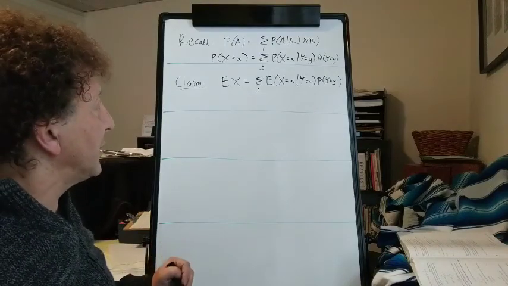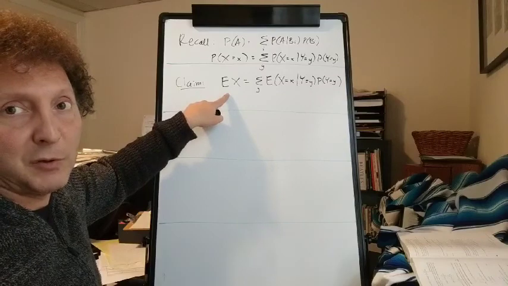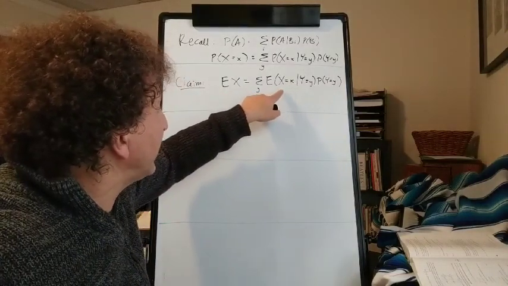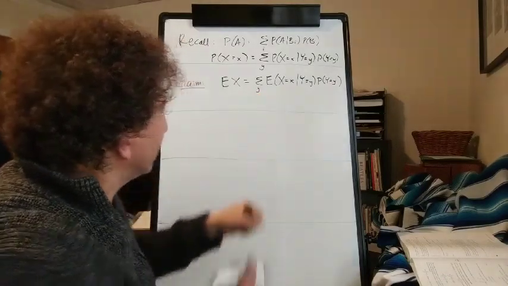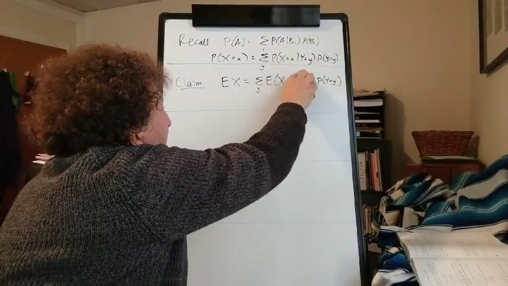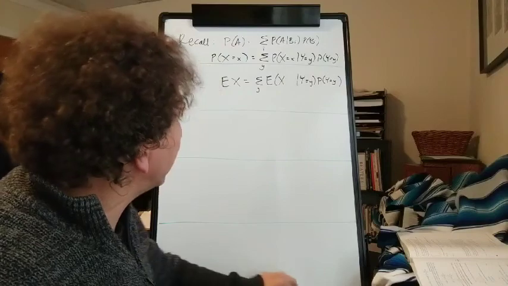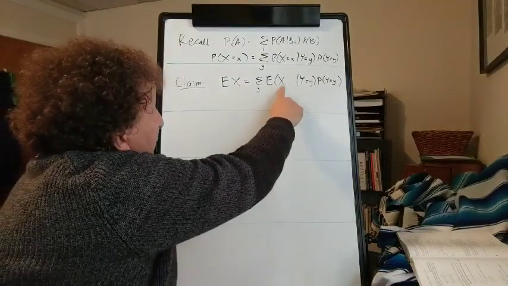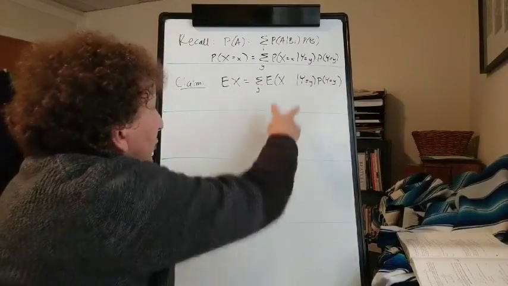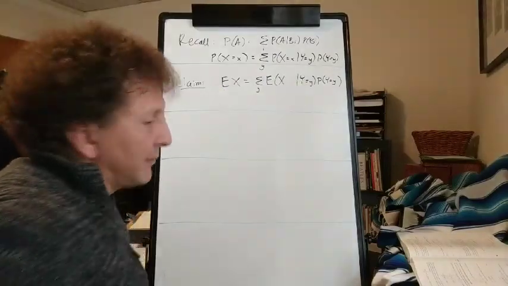And this could be useful if we find it hard to see what the expected value of X is, but it becomes an easier problem to say what the expected value of just X is given that capital Y equals little y. So if we find this conditional expected value to be easier to compute, then we'll compute it, multiply by a couple probabilities, add everything together, and we'll get the expected value of X.